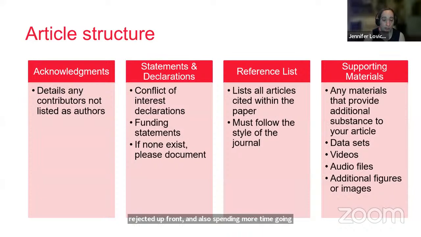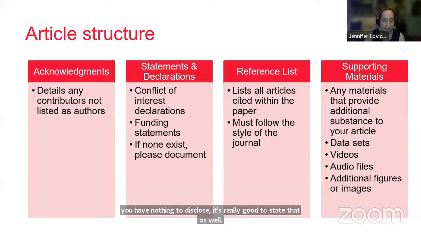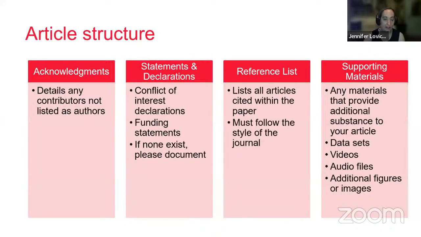It's also really important to state if you have any conflicts of interest or funding up front. If you have nothing to disclose, it's really good to state that as well. The same is true for ethics approval and consent statements. If you didn't have a study that required approval or patient or participant consent, go ahead and state you didn't need it and why.